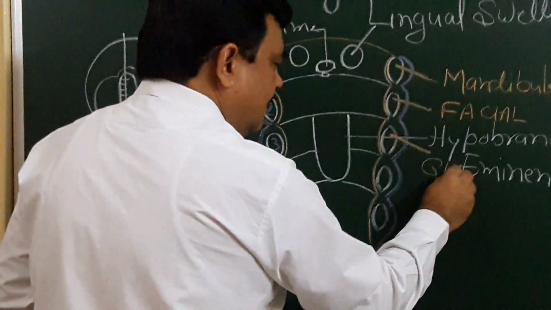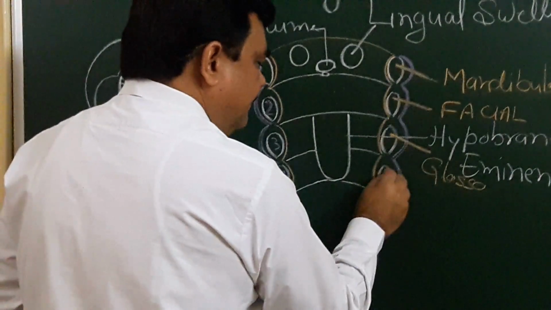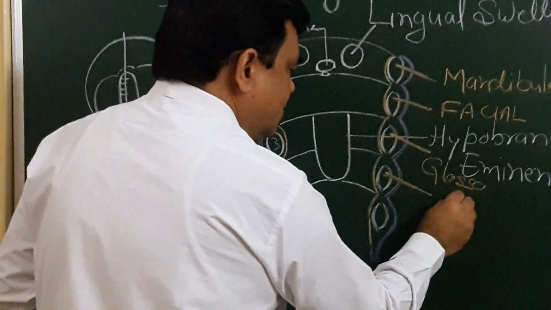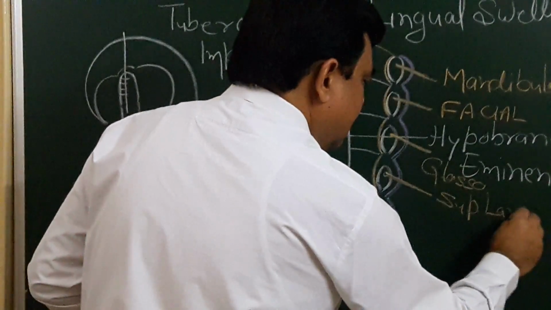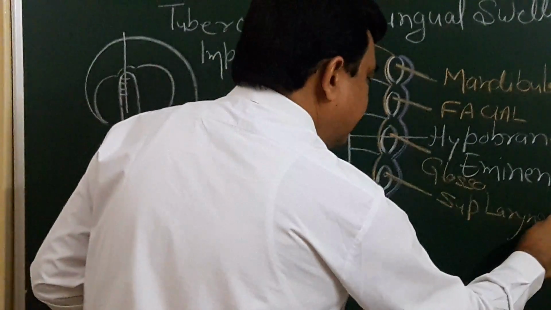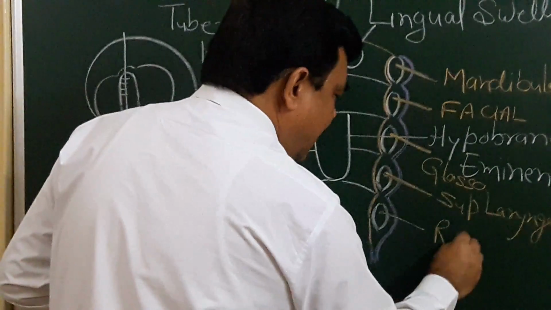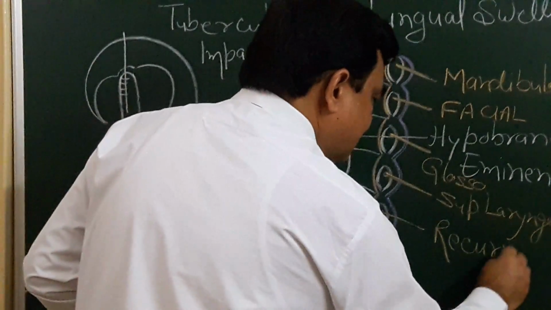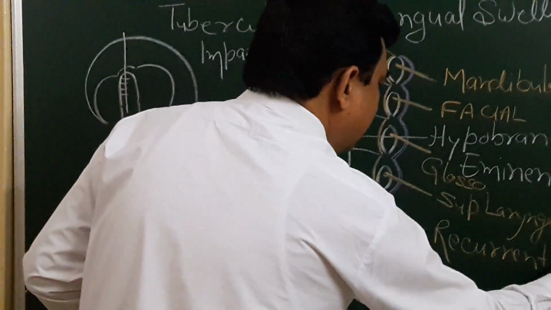Nerve of the third arch is the glossopharyngeal nerve. Nerve of the fourth arch is the superior laryngeal nerve. Nerve of the sixth arch is the recurrent laryngeal nerve.